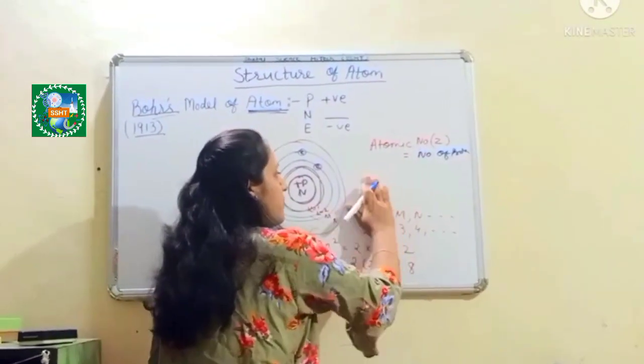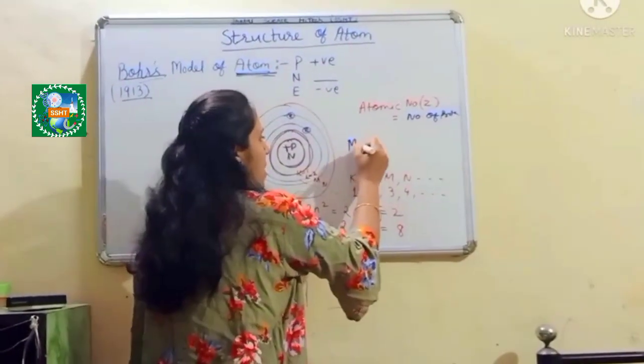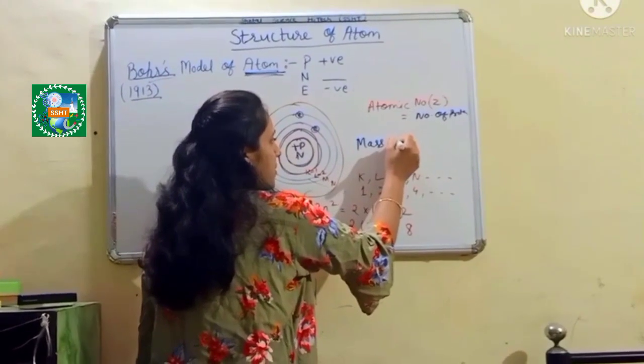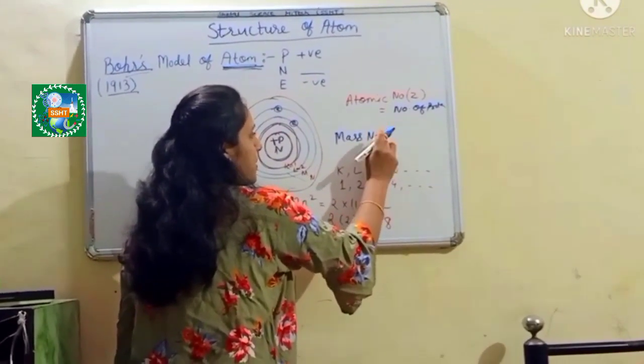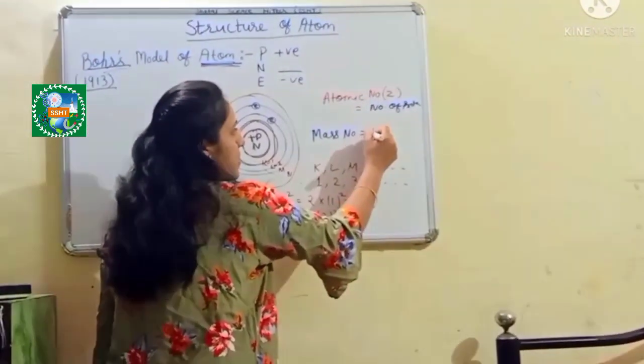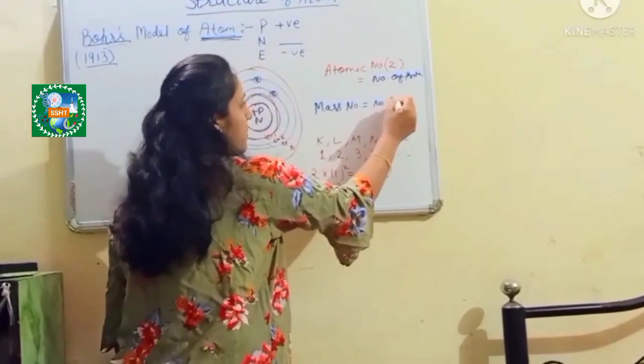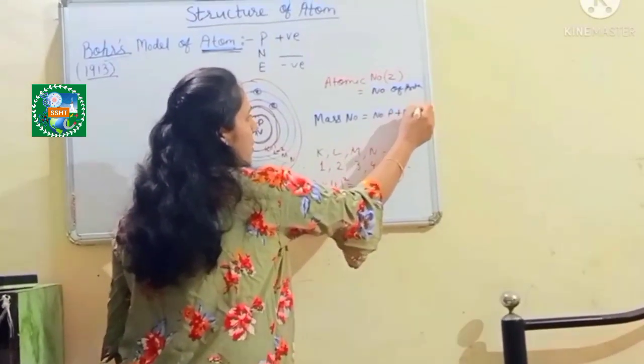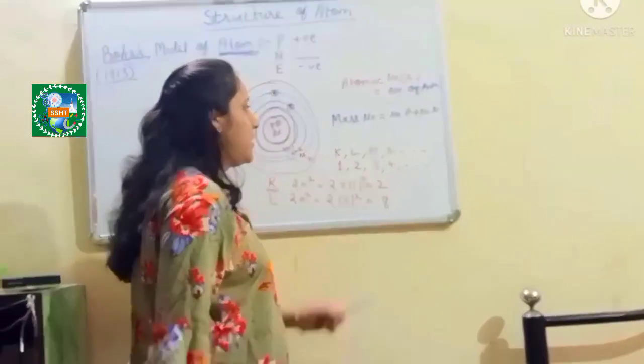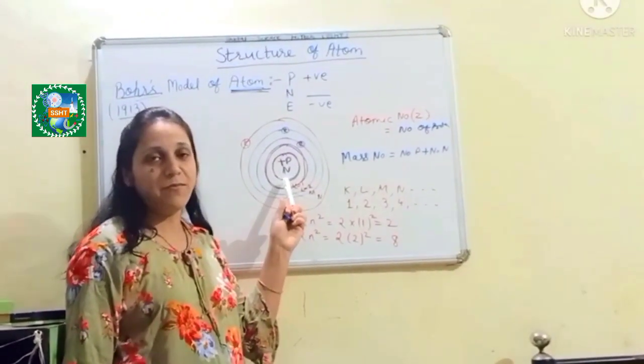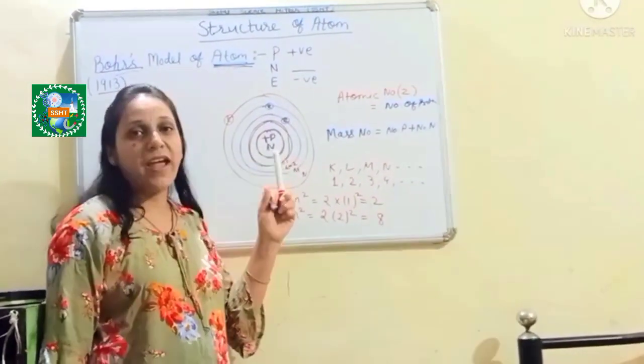And we have another, that is mass number. Mass number is the number of protons plus the number of neutrons present in the nucleus of the atom of any element.